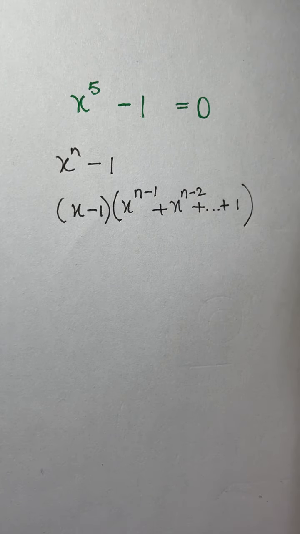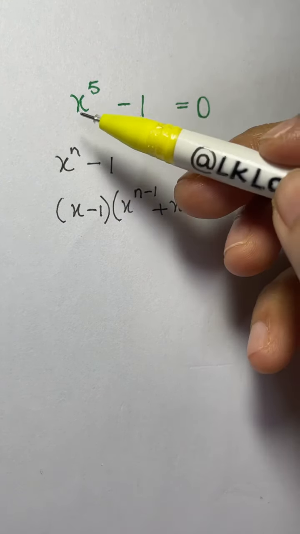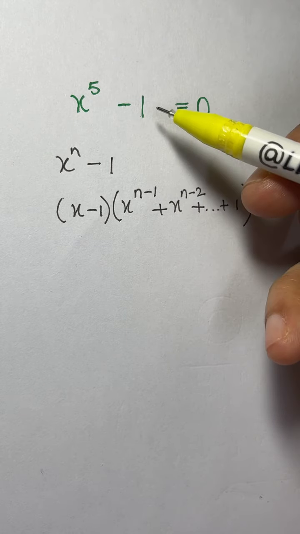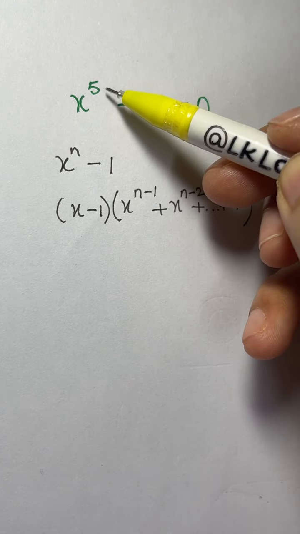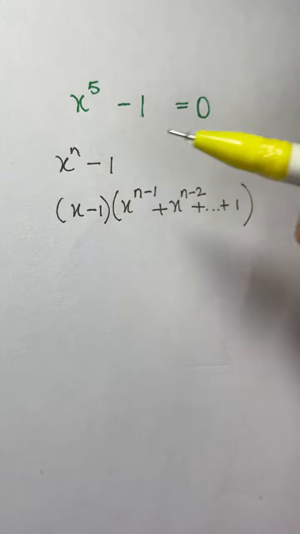That's it. Now if you see, this is x to the power of 5 minus 1. Here n is equal to 5. So let's substitute back in this.